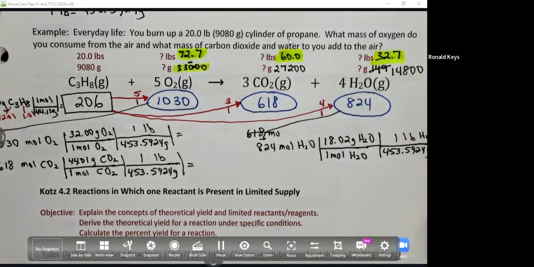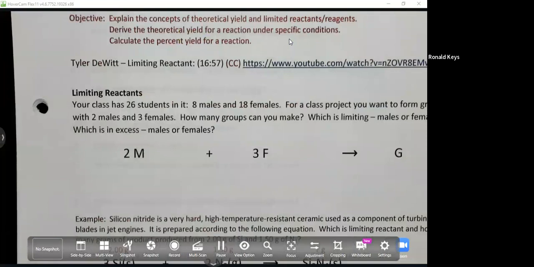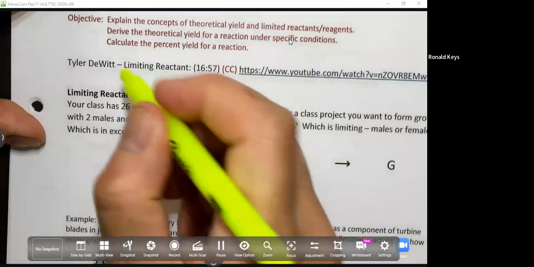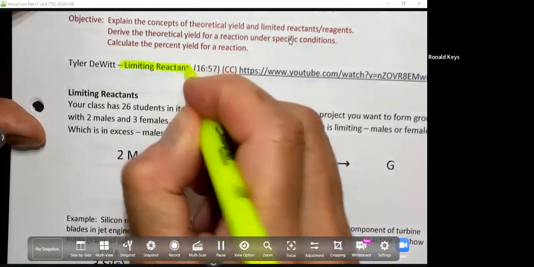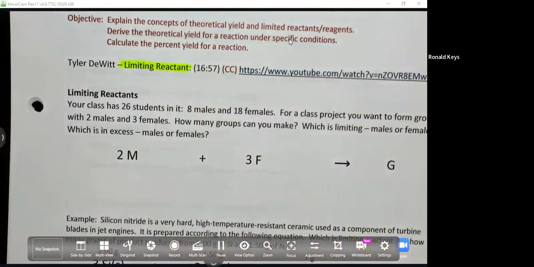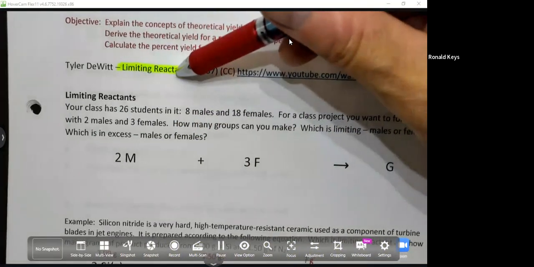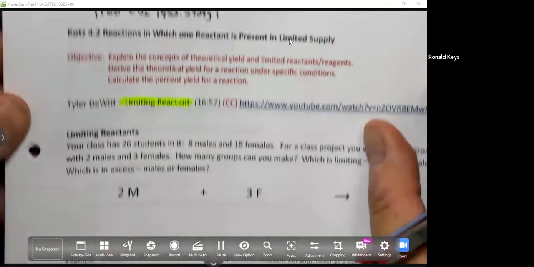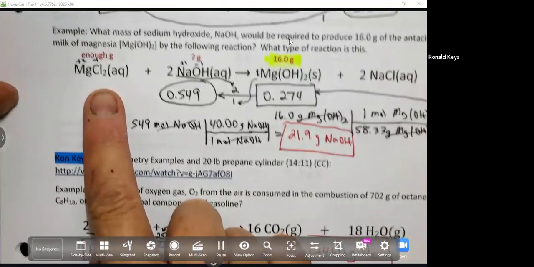Okay, the next section is on limiting reactants. So far, and for those of you that have done labs so far, you didn't worry about the HCl in lab. But we're going to talk about limiting reactants now. Let me page back, because I have something like this.